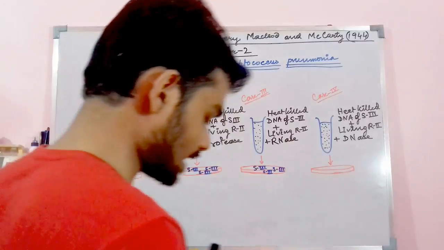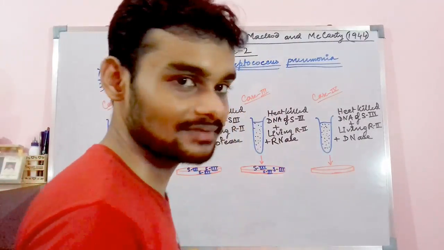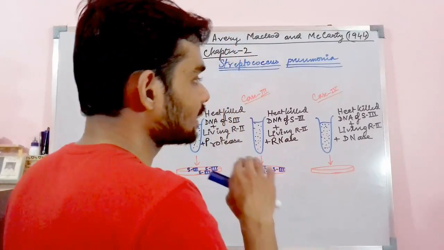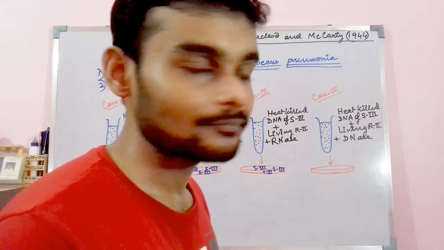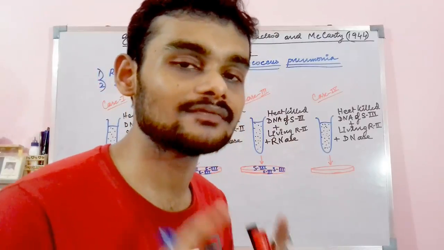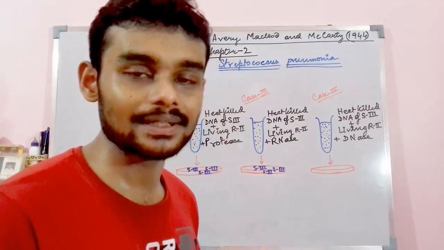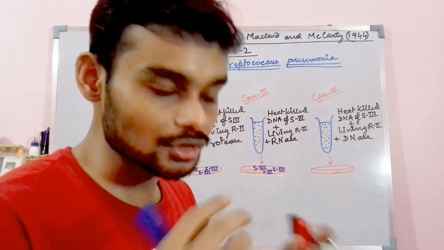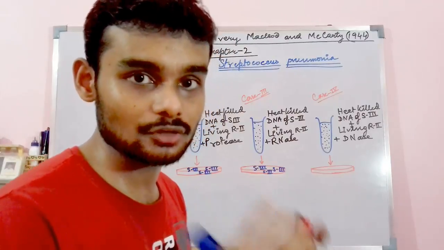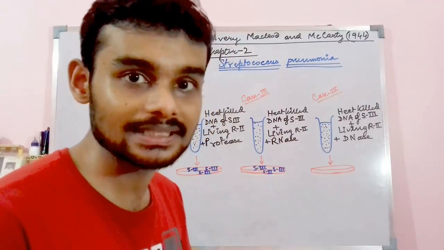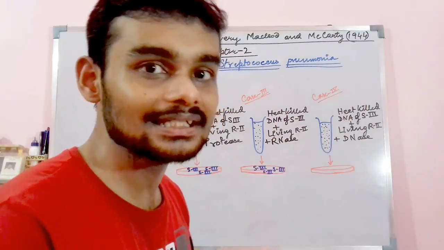But in the fourth case, something strange happened. DNase was given. DNase destroyed the heat-killed DNA of S3 type, whereas the living R2 type strain was entirely present, the mature bacteria, the entire bacterial cell, and the DNA of S3 was heat-killed and given.